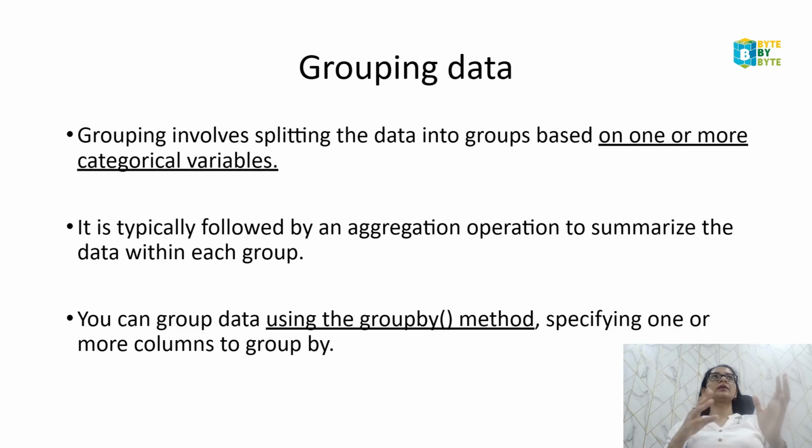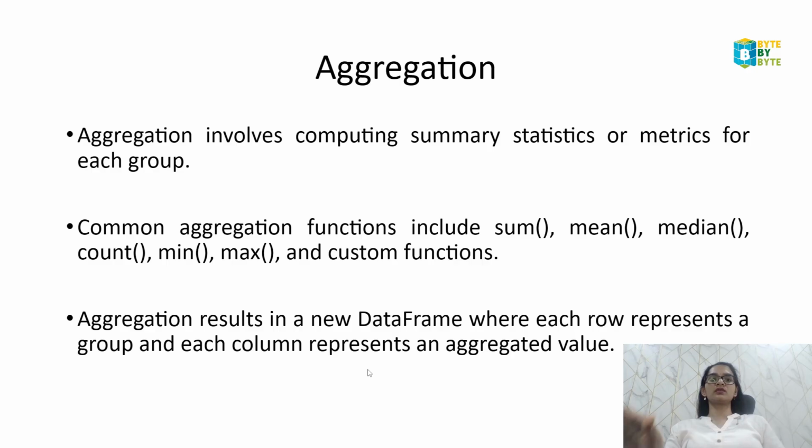After the grouping, there are some aggregation operations that you can perform on it to summarize the data of each group. In order to do this, you have to use a Pandas method called groupby, specifying one or more columns for the groupby.